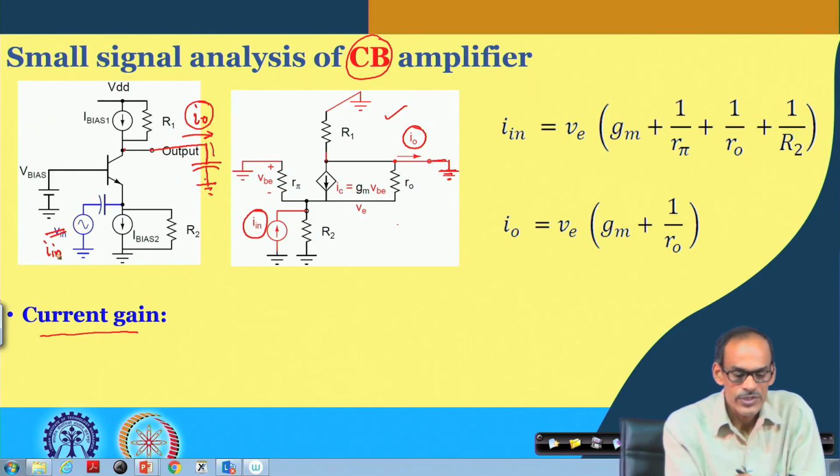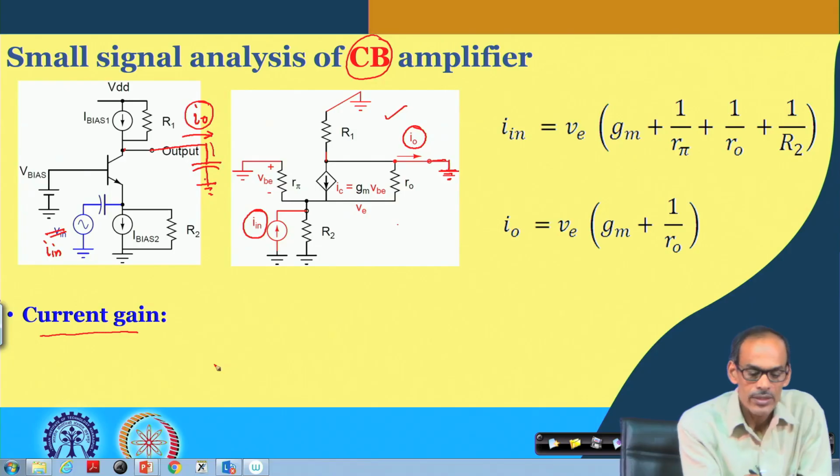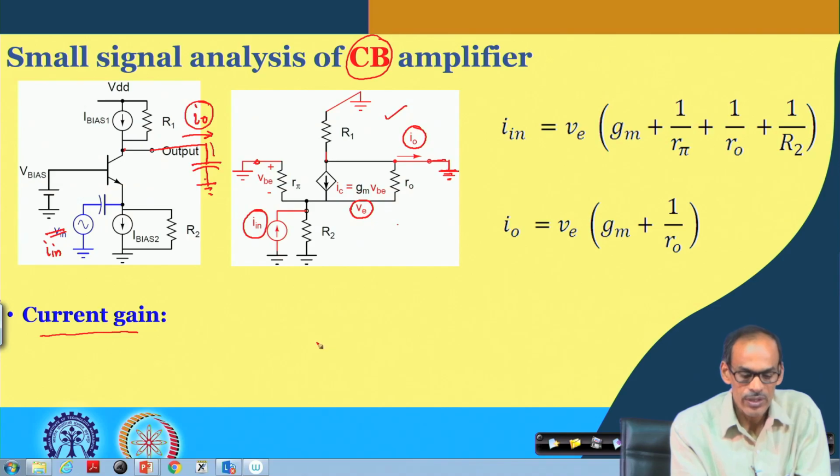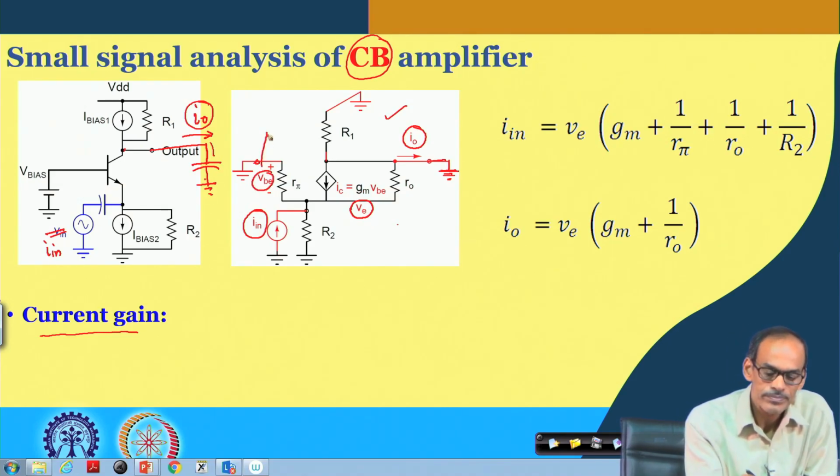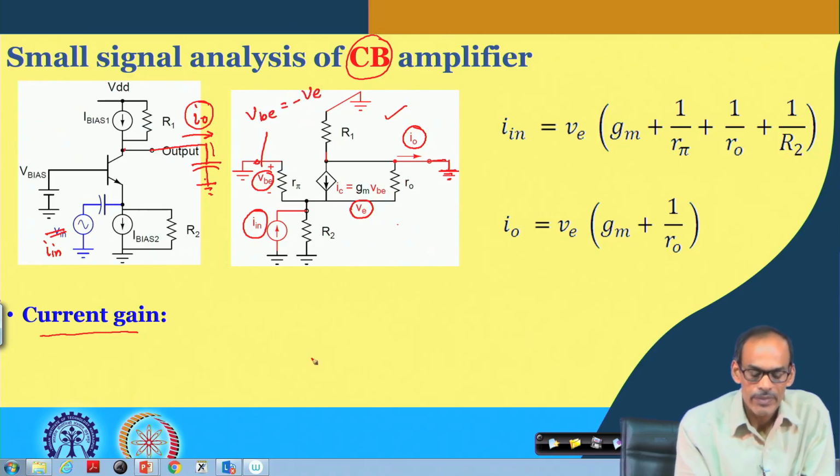Now, if you see this circuit, again the base node is grounded, and the voltage at the emitter we do have is V e. So, the V b e is minus V e, right, and part of the current is also flowing here. So, we can say that I in is having different components.